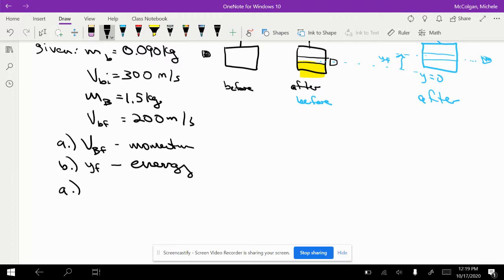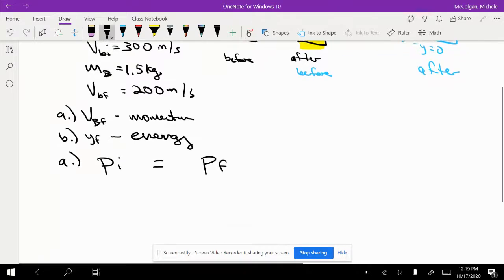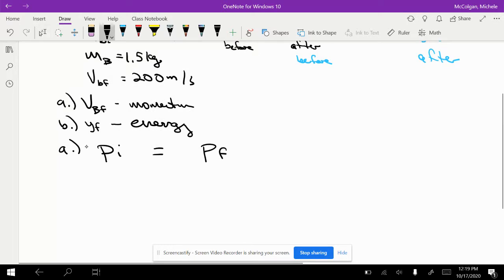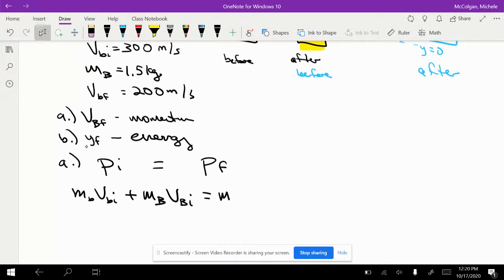So for A, we're going to start with P initial. Momentum initial is equal to momentum final. Looking at our before, we have our bullet moving at 300 meters per second. So I'm going to have mass of the bullet times V of the bullet initial, plus mass of the block times V of the block initial, is equal to, actually, it's going to equal both. So I'm going to have mass of the bullet times V of the bullet final plus mass of the block times V of the block final.